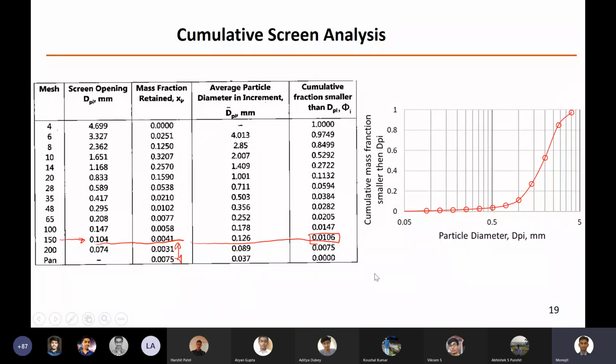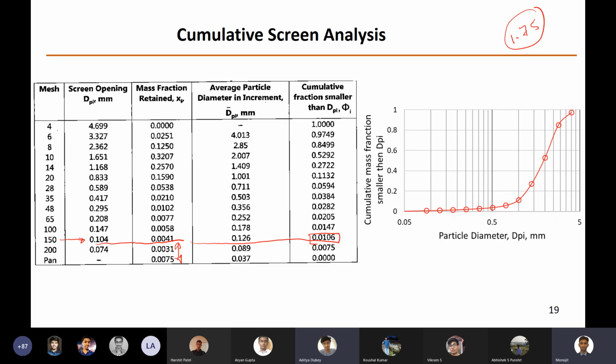Now suppose I ask you to find the mass fraction of the mixture which has a size smaller than 1.75 millimeter. Can you directly do it using this graph? Let me listen to the question again: I want to find the mass fraction of particles from the mixture whose size is smaller than 1.75 millimeter. Can I directly do it from this graph?